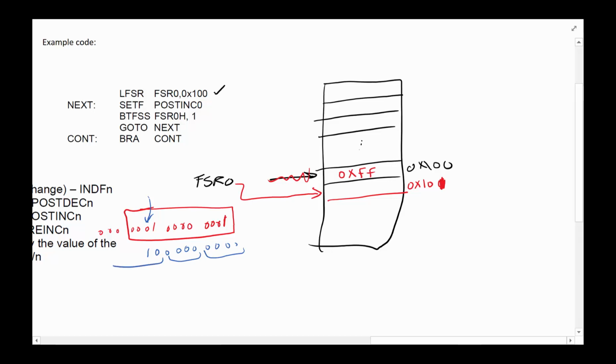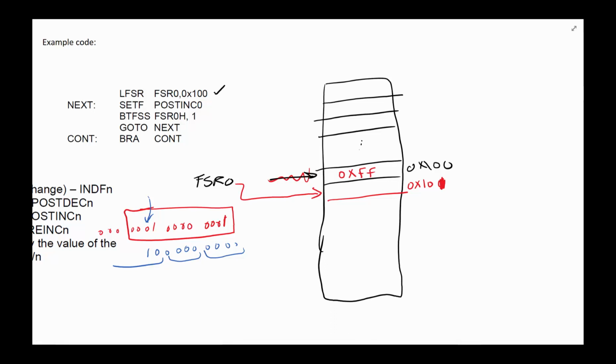So what it's basically saying, oops, let me redraw this. This is our memory. It's saying go ahead and keep writing until this bit becomes a 1, which means you're going to write until and including a reading to location 0x200.